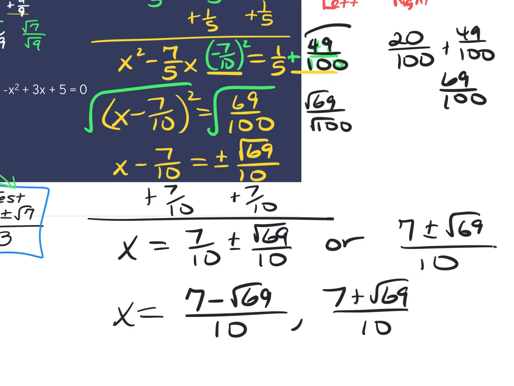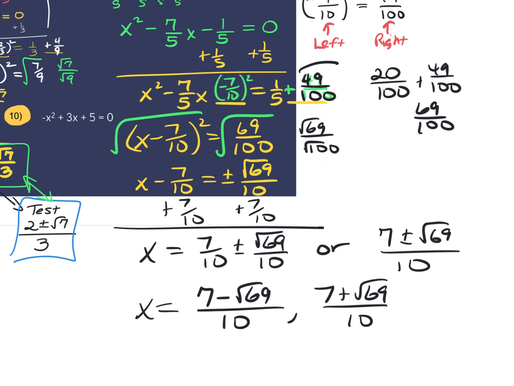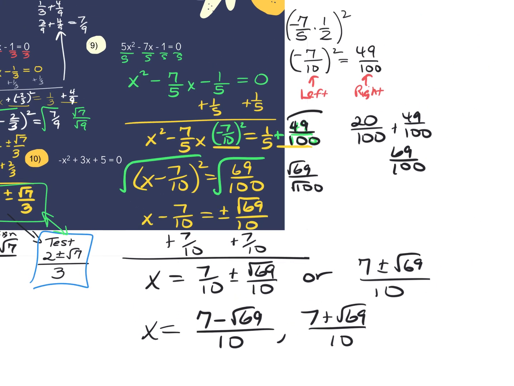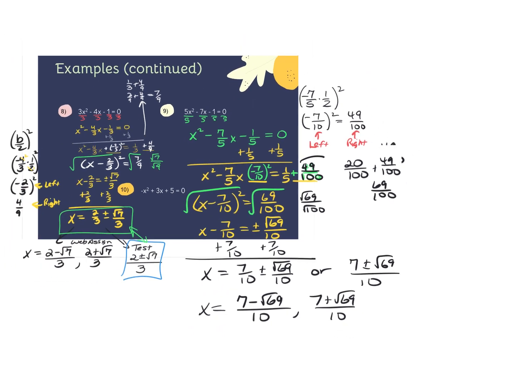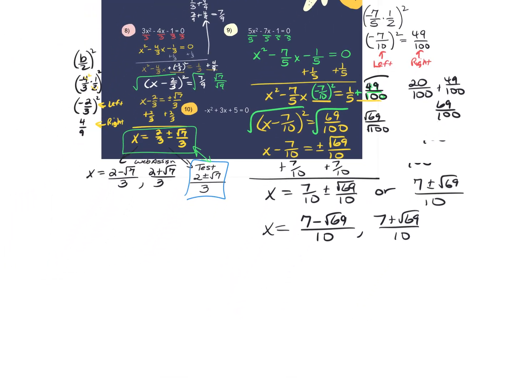And then the one last example. I'm going to just rewrite the problem because I've written all over the place here. All right, so the last one, I'll write it down here. So number 10 has a negative x squared plus 3x plus 5 equals 0.